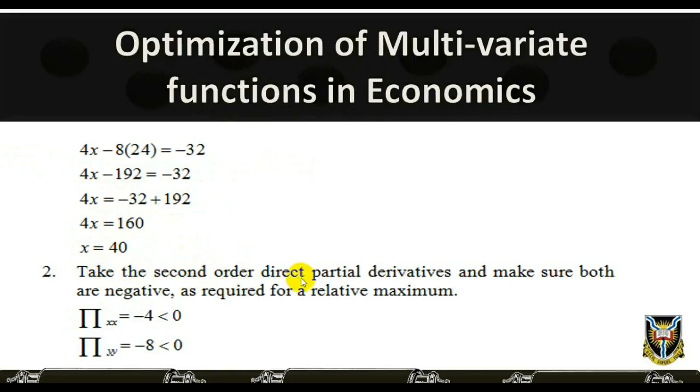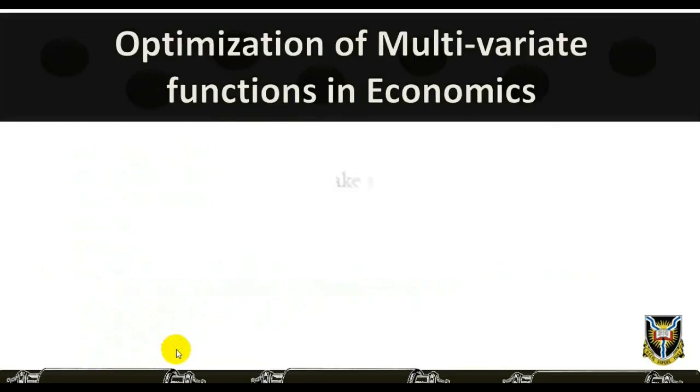Take the second order direct partial derivatives and make sure both are negative, as required for a relative maximum. Pi xx equals minus 4, less than 0. Pi yy equals minus 8, less than 0. 3.